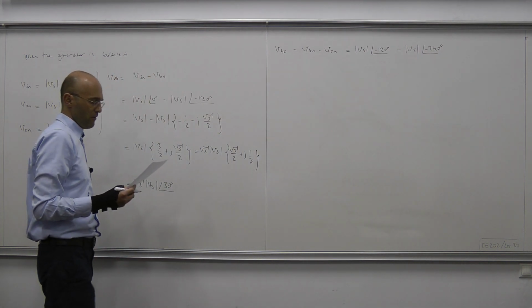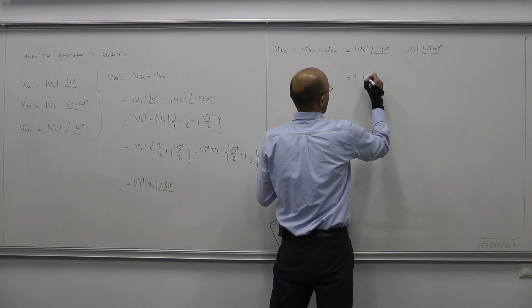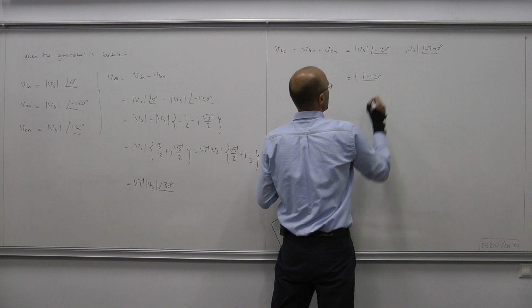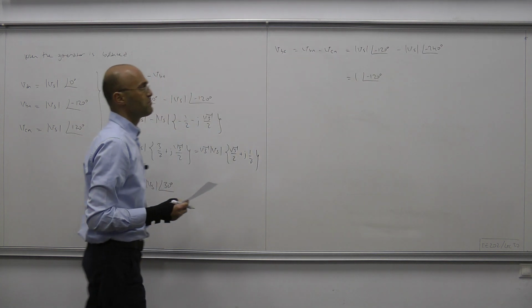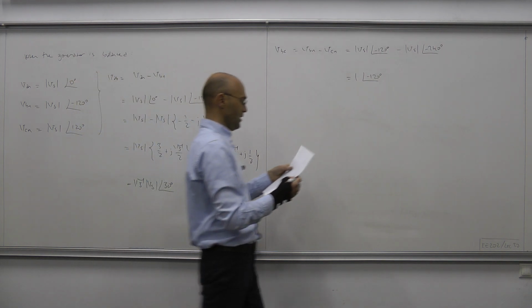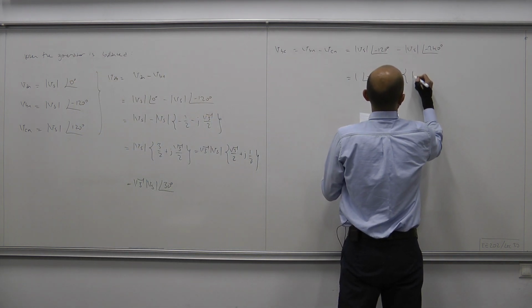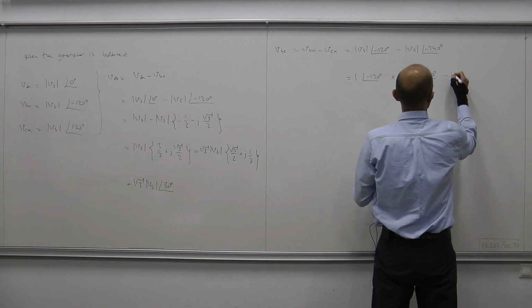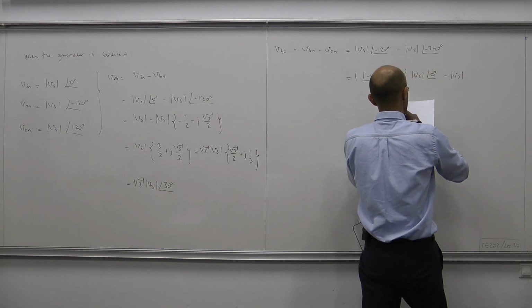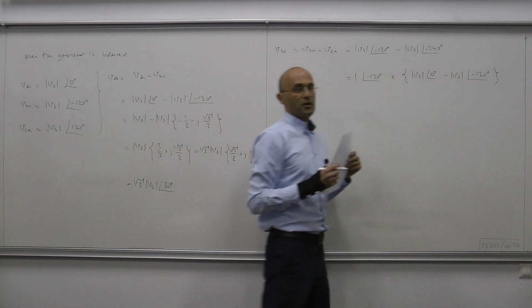Now this difference can be written as this scalar, magnitude 1 and phase minus 120 degrees, times Vs phase 0 minus magnitude of Vs phase minus 120 degrees.